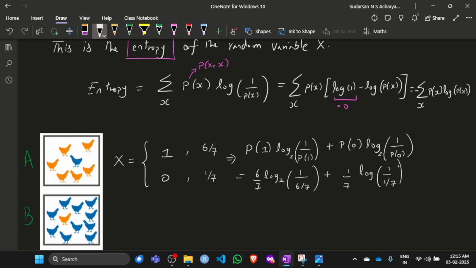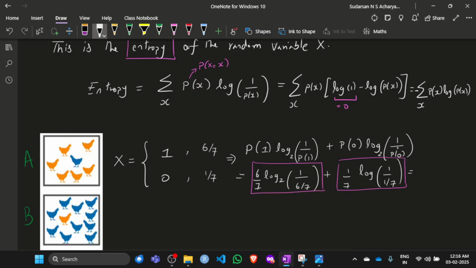If you do the math, as you see here, there are two parts. The surprise associated with picking a blue chicken is pretty high, so if you calculate this number, it will be pretty high, whereas the surprise associated with picking an orange chicken is not that high.